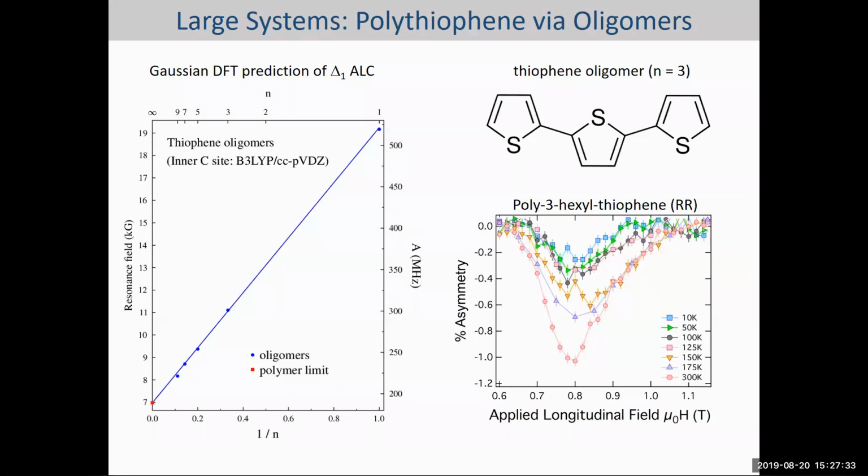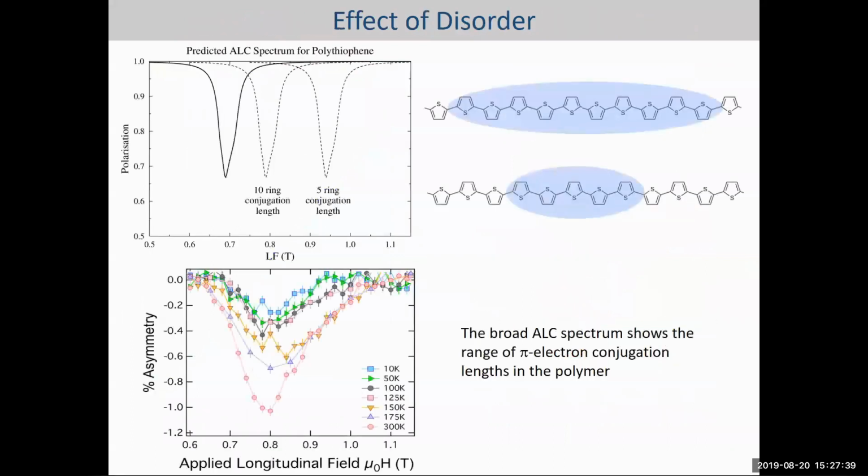Here's some actual data on polyhexylthiophene, which is regiorandom. So when you look at what the predicted polythiophene spectrum is, you see you get a resonance position of about 0.7 Tesla. Now this is very much at one end of the broad band that you see in the polymer.